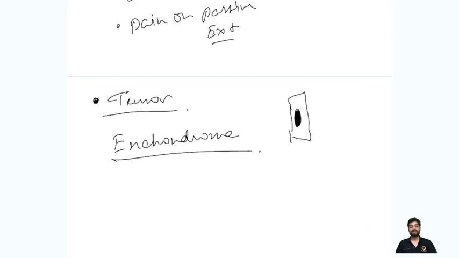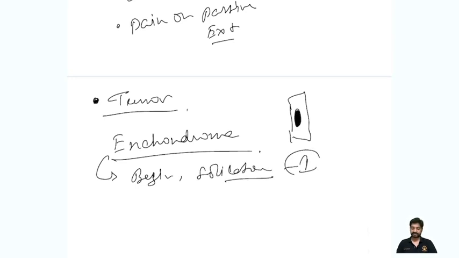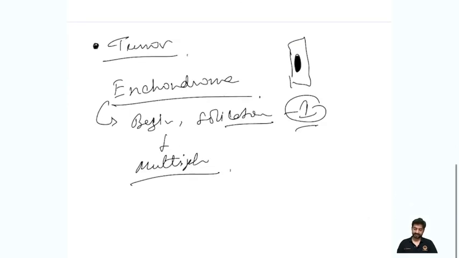Enchondroma is usually benign and solitary, which means a single one. If it is multiple, then the chance of malignancy is increased, 2.5%.